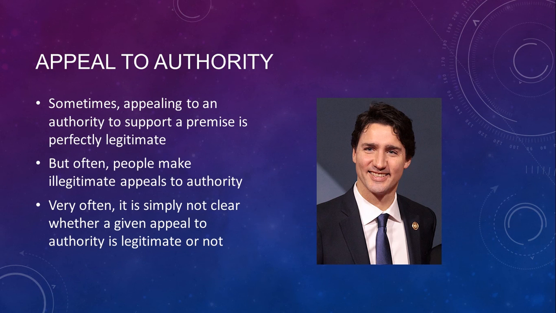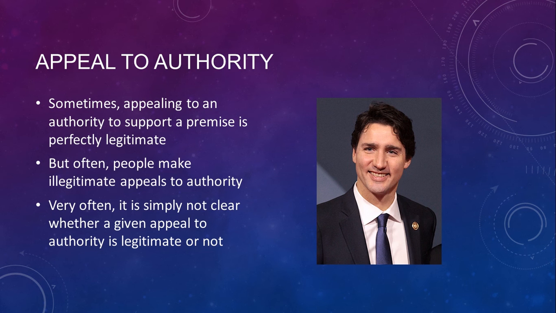Okay, so appeal to authority. Sometimes appealing to an authority to support a premise is perfectly legitimate. Saying that an expert said something is very often a perfectly legitimate way to introduce or justify a premise. But equally often, people make illegitimate appeals to authority.